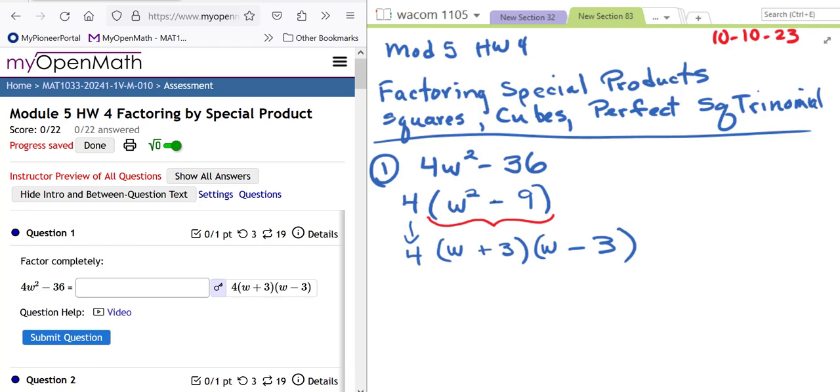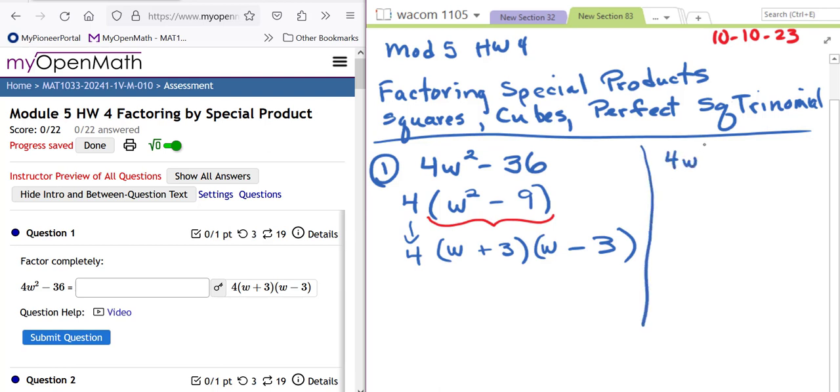If you started this problem, let me just sidetrack a second. If you started this problem and you looked at it and you said, oh, that's squares, you would be right. So this is not the best way. I showed you the best way first. Let's do a 2w plus 6 and a 2w minus 6.